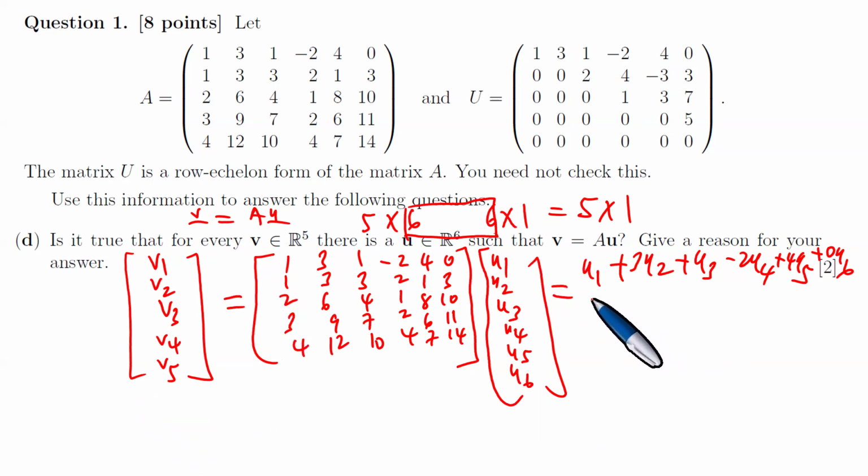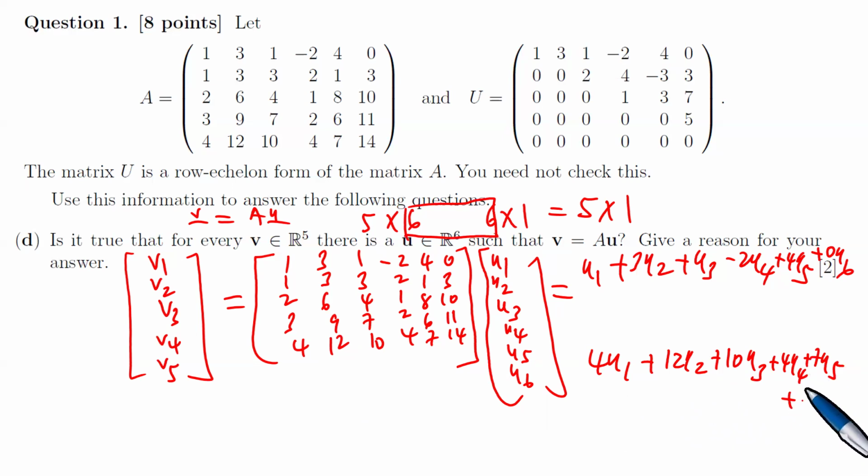Let me just do one more. I'm not going to do all of them. If you multiply this one by the last one, you can do the last one because I just want to explain the concept. If you multiply this by that, you'd have, for instance, 4U1 plus 12 U2, and then 10 U3, and then 4 U4, 7 U5, and then 14 U6.